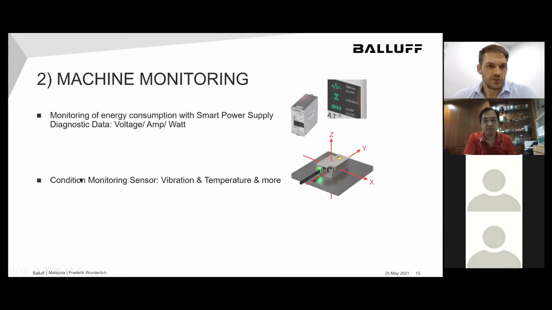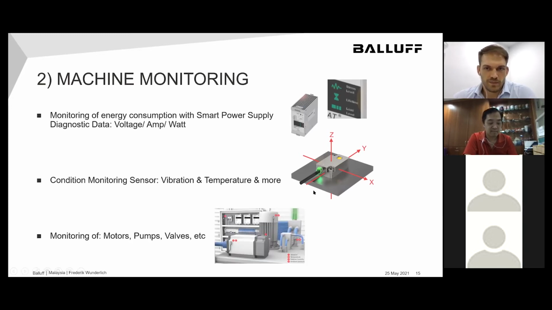Another example is a condition monitoring sensor that actually gives you vibration, temperature, and other values. So this is also the sensor we would like to focus on in our live demonstration in a minute. Usually, this kind of sensor is used for motors, pumps, and valves.